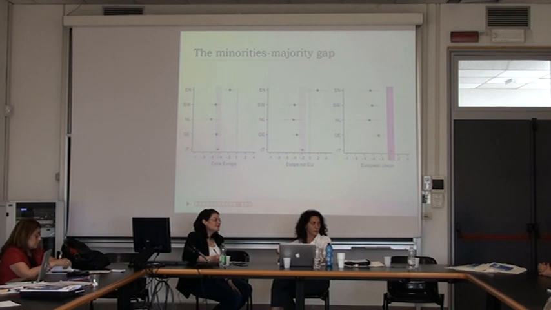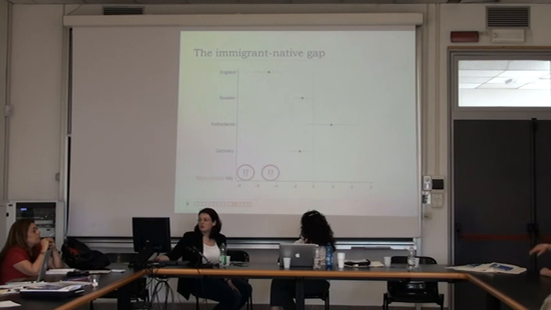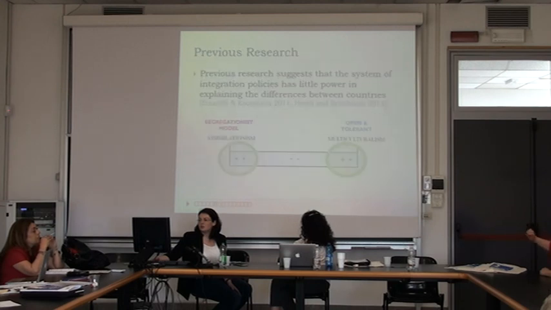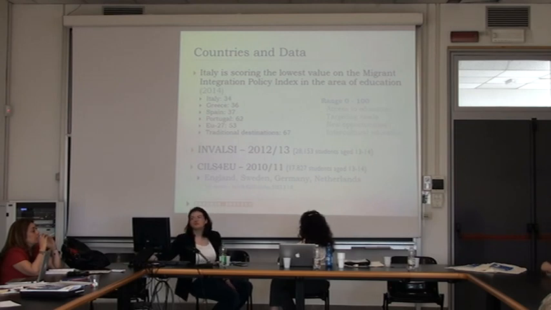And the other point that surprised me was the first table that you showed, before your analysis, the fact that Italy has 34 as the degree of integration policy, migration policy.